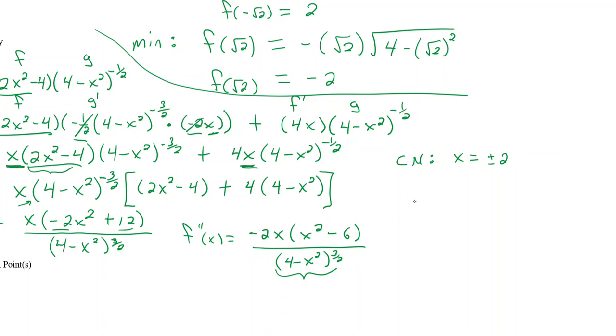So I'll say 0 is equal to negative 2x, and then I've got x squared minus 6, right? So I can see from this factor that x would be equal to 0, so that's potentially an inflection point there, right? And then the other one here, if you set this equal to 0 and rearrange, we get x is equal to the square root of 6, so it would be positive or negative.